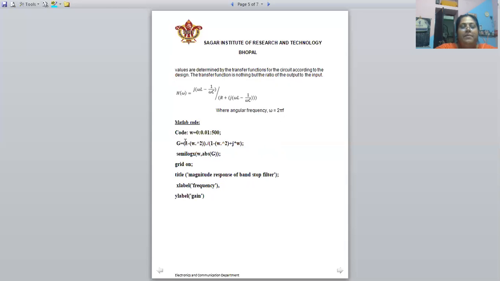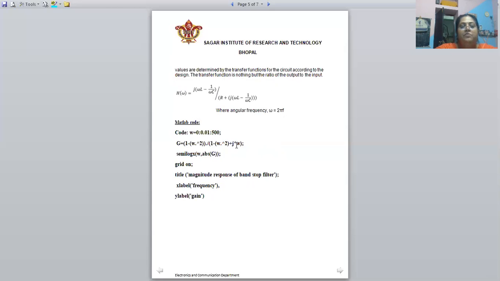Now the MATLAB code for this band stop filter: we have taken the frequency range from 0 with 0.01 interval up to 500. We take G as the gain of the band stop filter.